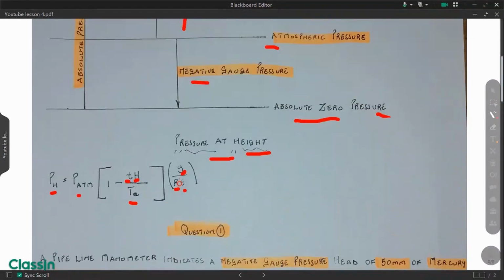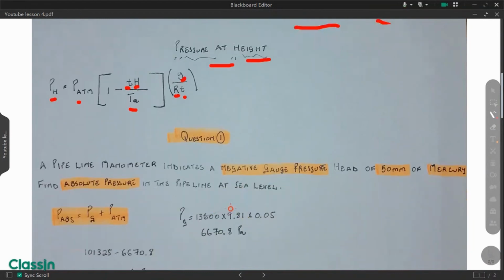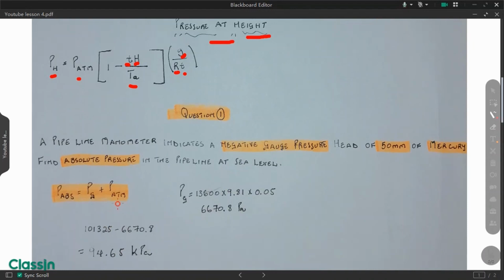We are told that the pipeline manometer indicates a negative pressure. Where is it? It's below the atmospheric, right? So it indicates a negative gauge pressure head of 50 millimeters of mercury. We are asked to find the absolute pressure in the pipeline at sea level, right? We know the pressure at sea level is 101,325 pascals.